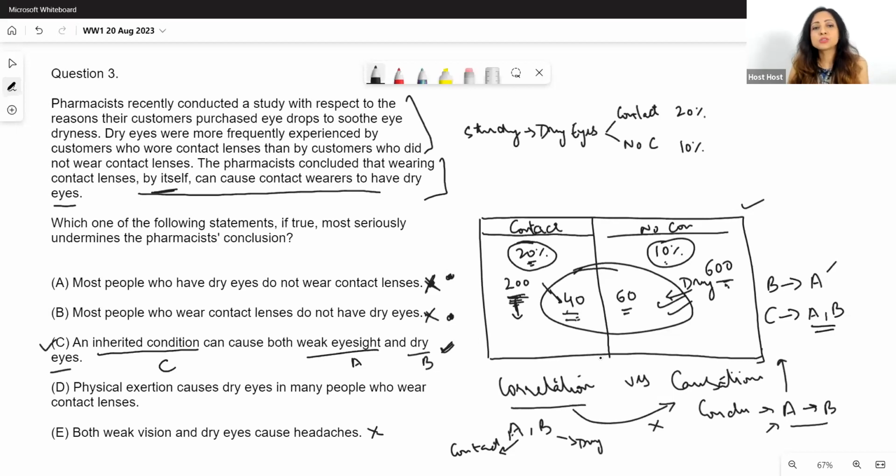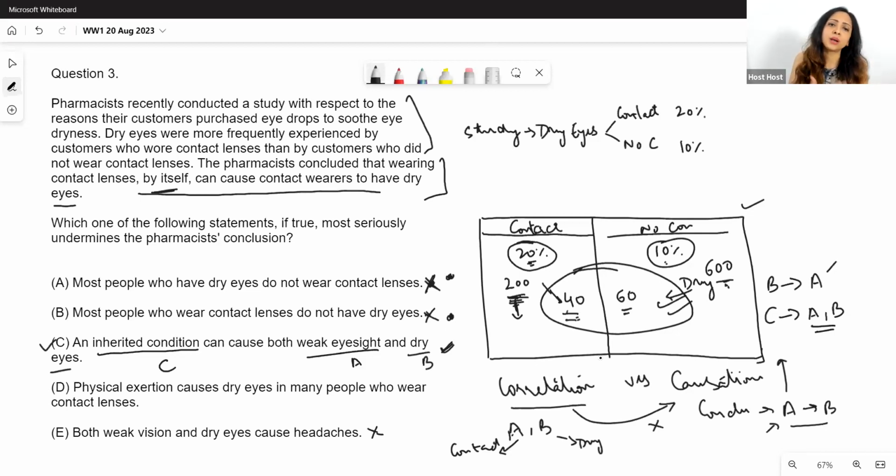Option D is not the answer. It is not a weakener because, as I said, we know how physical exertion affects people who wear contact lenses, but we are given only partial information. We're not given how it impacts people who do not wear contact lenses. In most CR questions, we are going to have a comparison, right? So what is the comparison here?